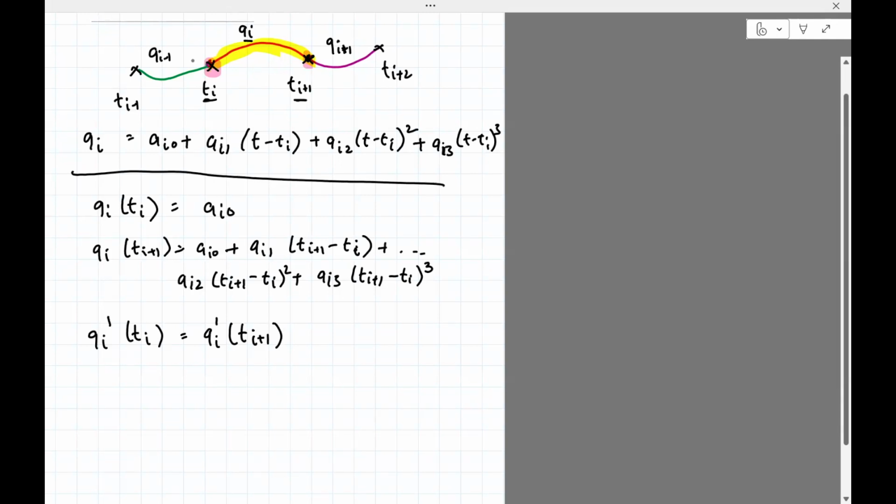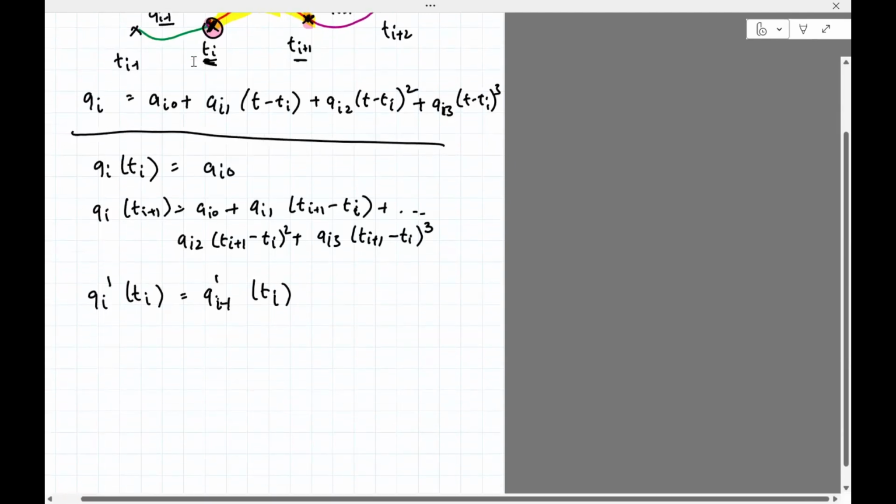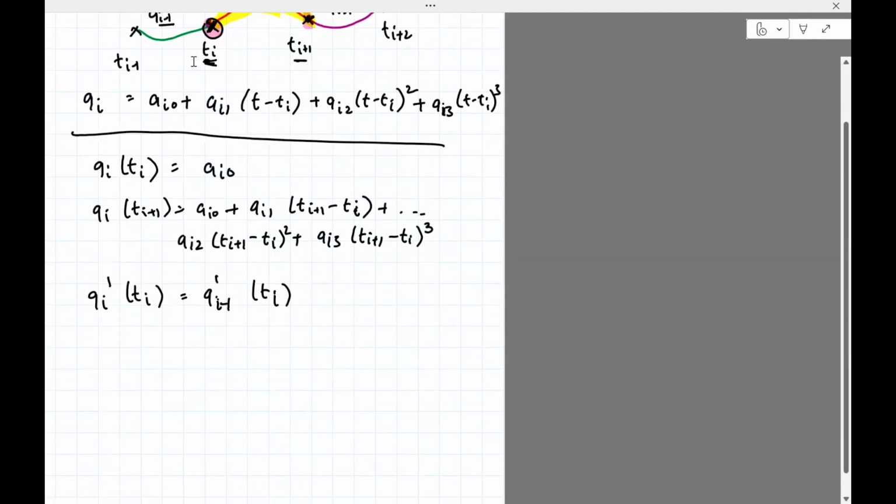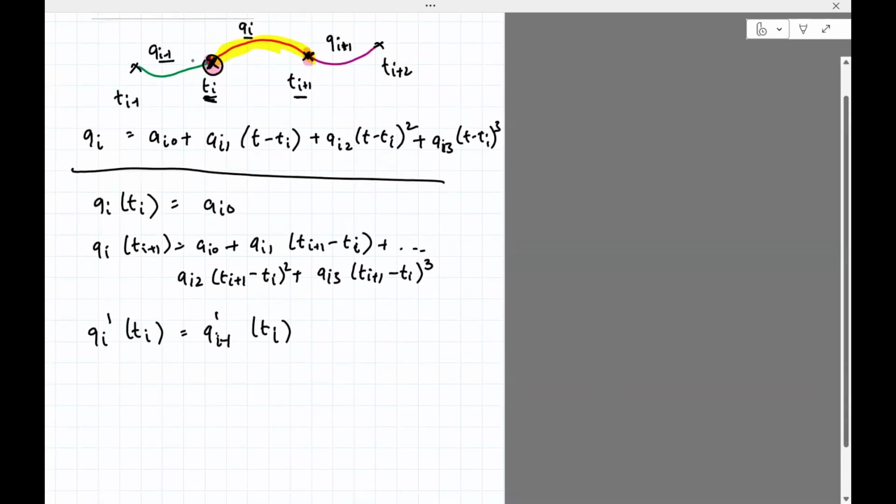So qi at ti, this point's derivative should be equal to that of p i minus 1 for this point, ti. So this is ensuring that at this point the first derivative is continuous. Similarly, we set up the second derivative to be continuous.